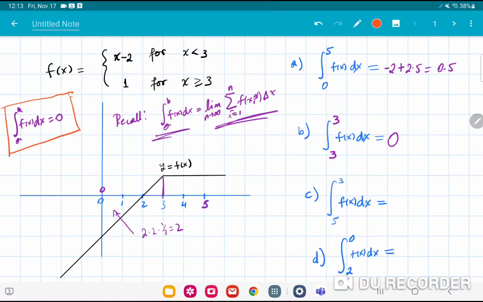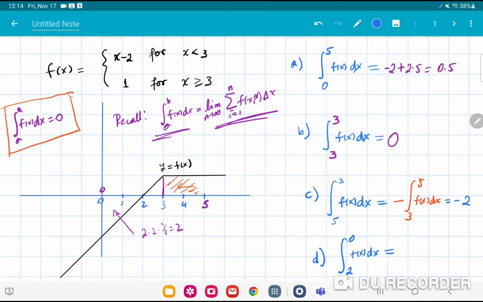The next one is the integral from 5 to 3 of f of x dx. It's not from 3 to 5, this is from 5 to 3. We're trying to go backwards from 5 to 3, which would mean that the delta x will be negative, which will mean that the sum will be negative. So when this happens, the way to do it is you integrate from 3 to 5 and put a minus in front of it. From 3 to 5, the area is 2 units, so that will be negative 2.